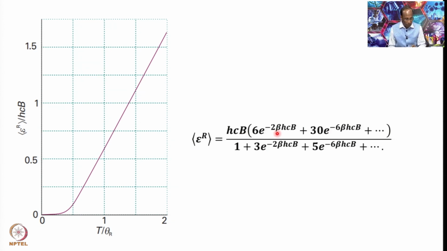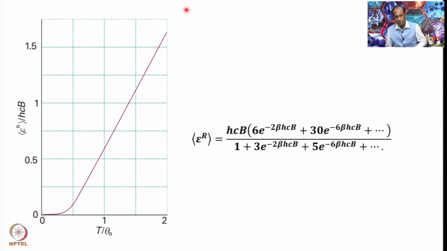So this expression allows you to evaluate the mean rotational energy as a function of temperature even when the experimental temperature is not high. If T by theta r is less than 1, you see the contribution is lower at low values of T by theta r, and then it sharply starts increasing. Eventually, it will take up a constant value.